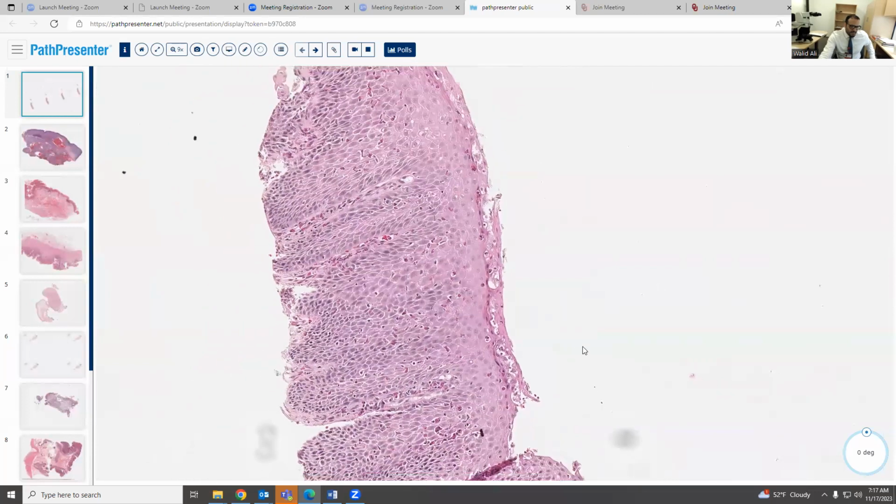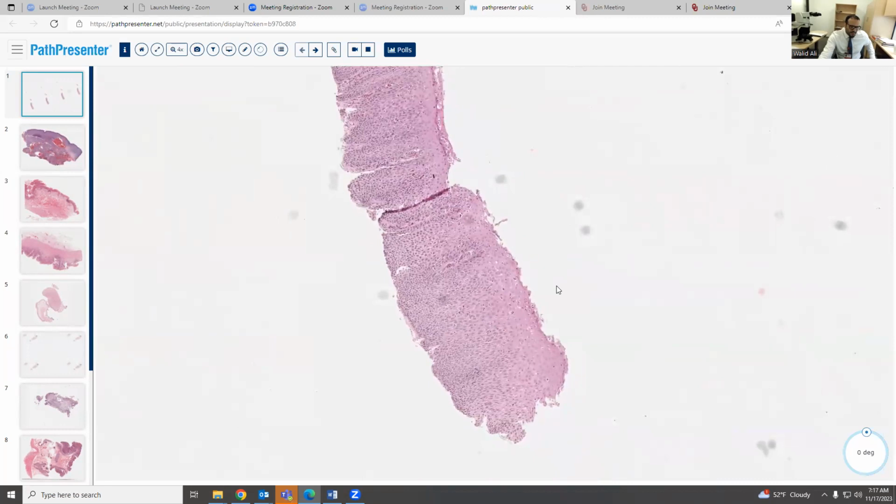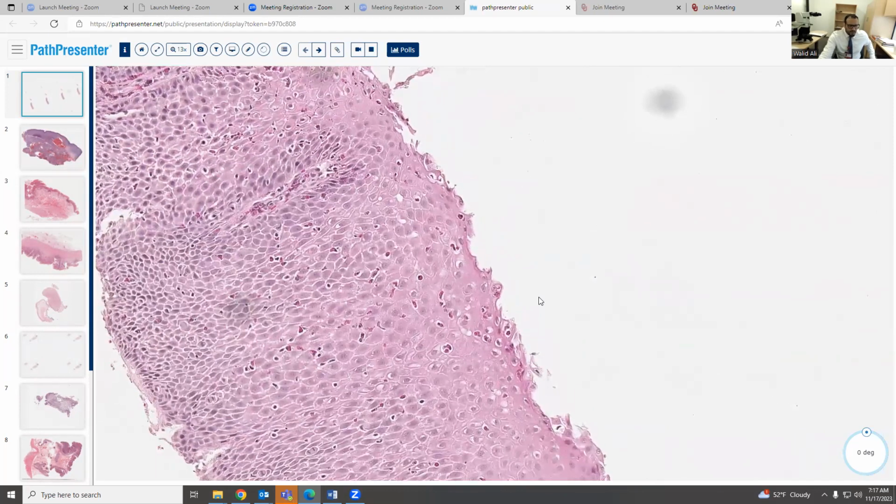We see this case during practice, and the patient sometimes can come with pain or dysphagia. Usually in endoscopy, they can see what's called ferning or sometimes whitish areas in the esophagus, and they biopsy the area.